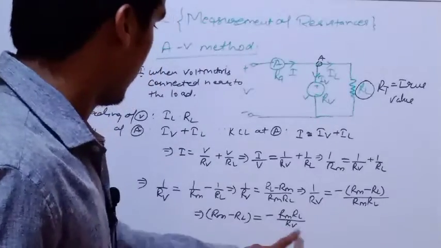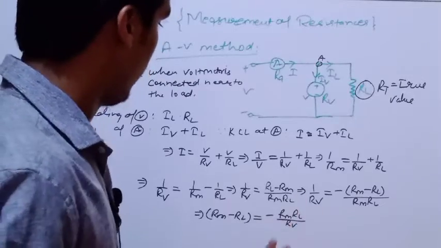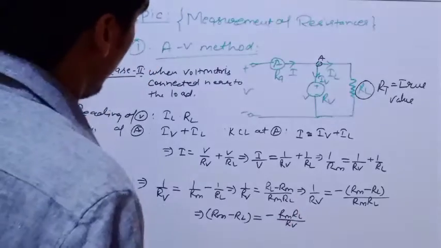So this will be RM minus RL upon RM RV, RM RL upon RV.